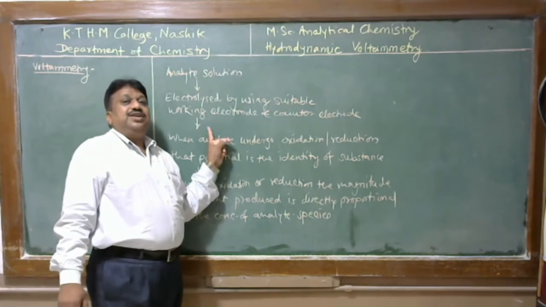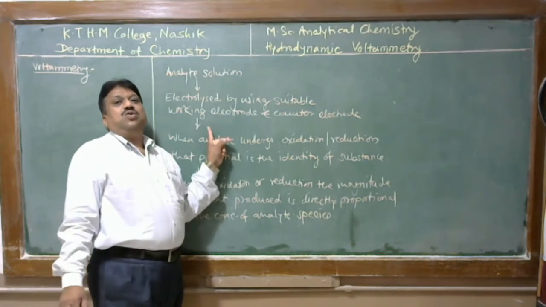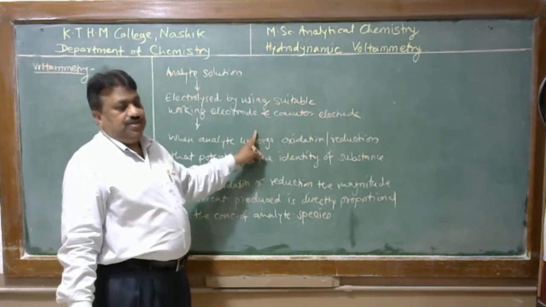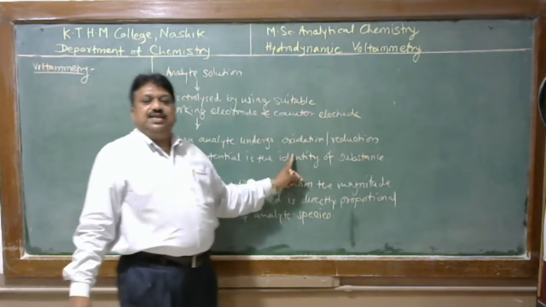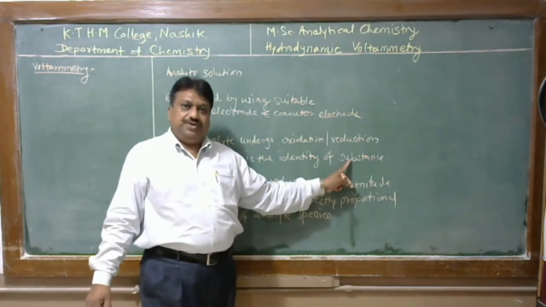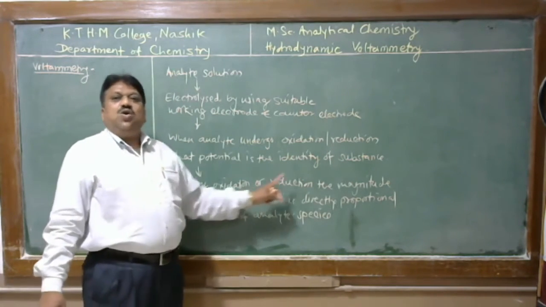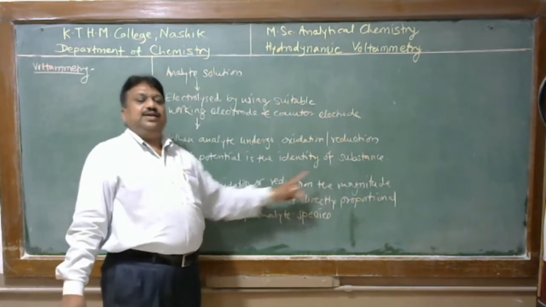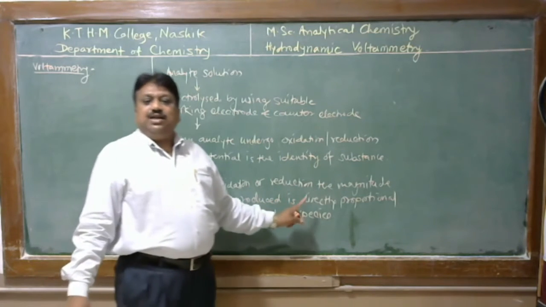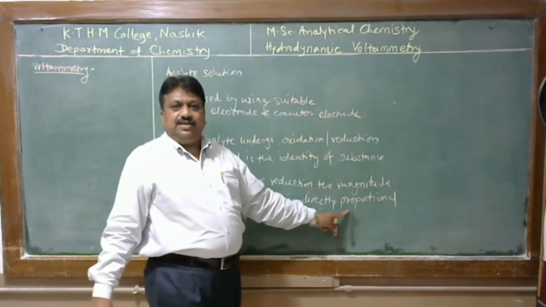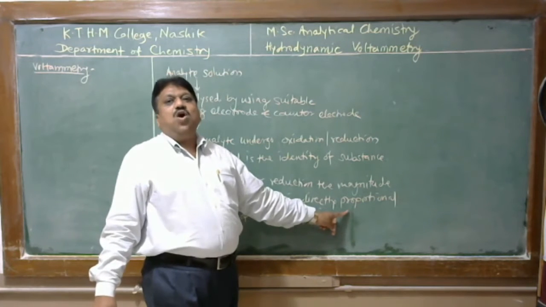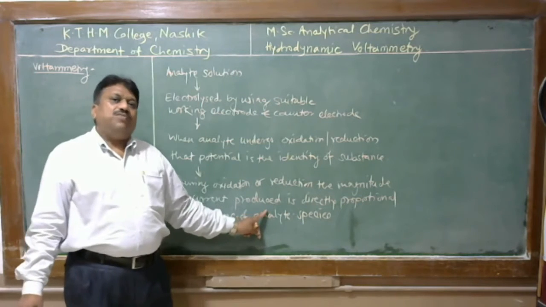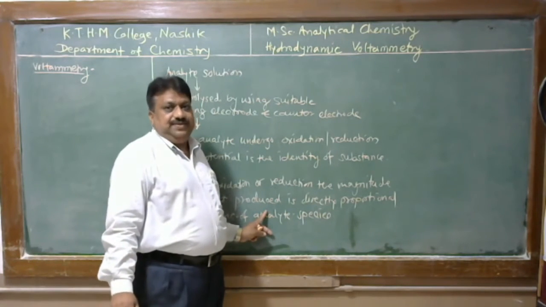When the potential reaches the reduction potential or oxidation potential of the analyte, the analyte undergoes reduction or oxidation. That potential identifies the analyte species present in the solution. During oxidation or reduction, the magnitude of current, either anodic current or cathodic current, is directly proportional to the concentration of the analyte that undergoes oxidation or reduction at the working electrode. This is the basic principle of all voltammetric methods of analysis.